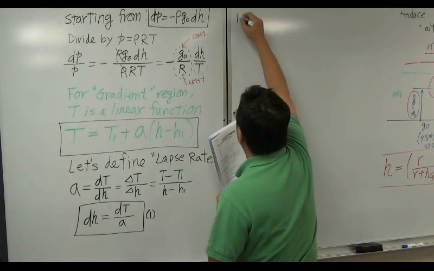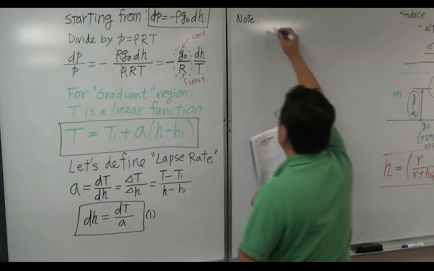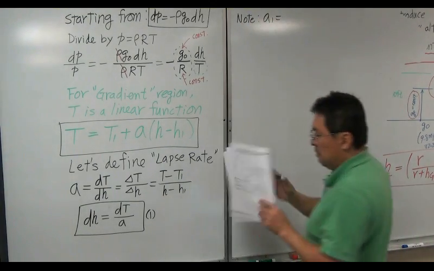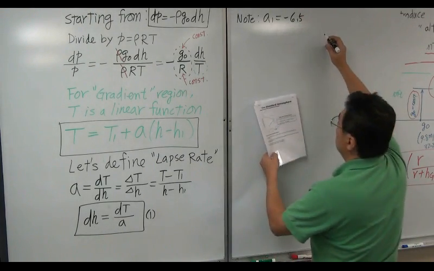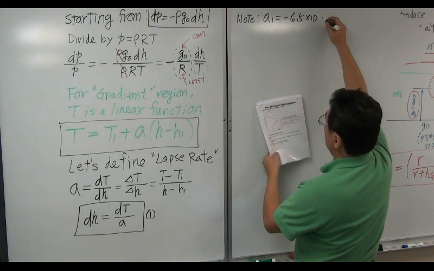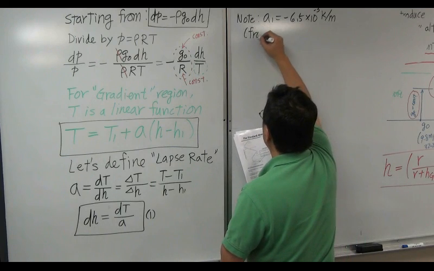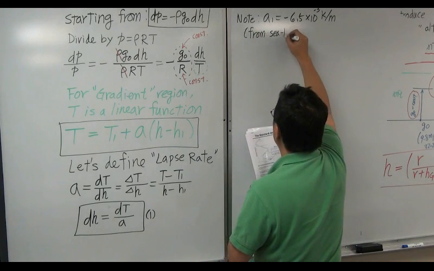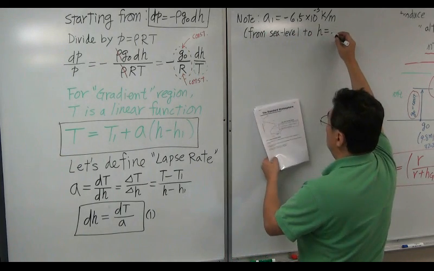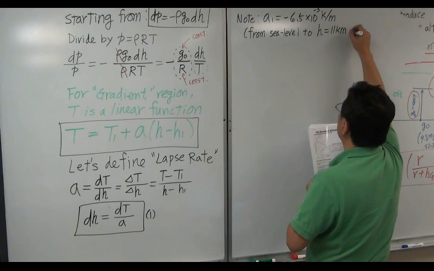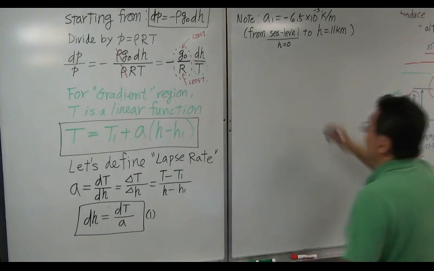Note, A1 is given by minus 6.5 times 10 to the minus 3 Kelvin per meter from sea level to H equal 11 kilometers. Sea level means H equal to 0.